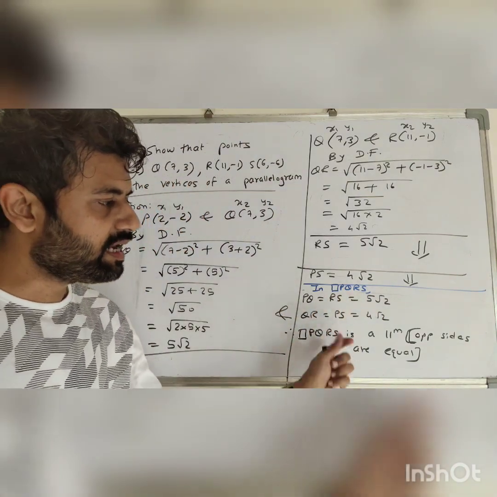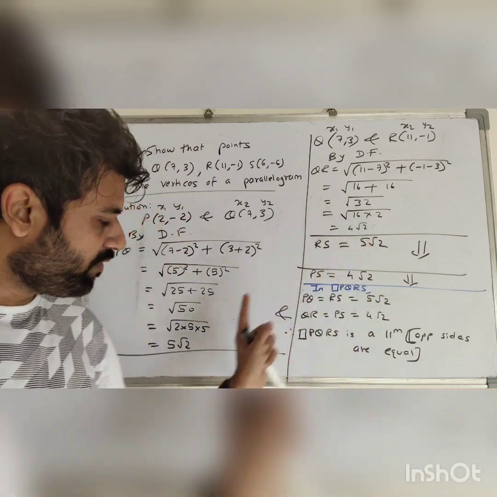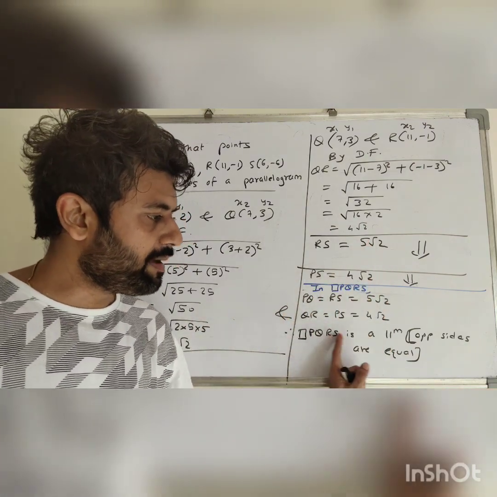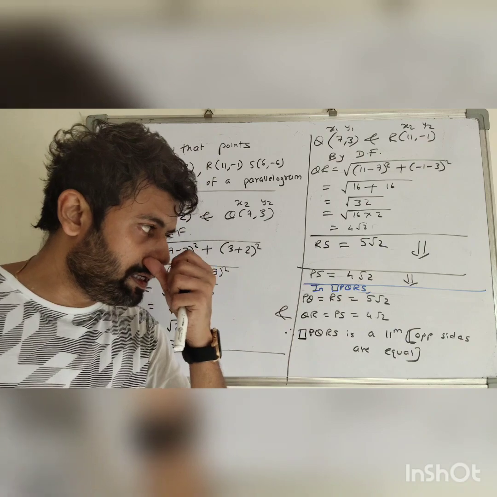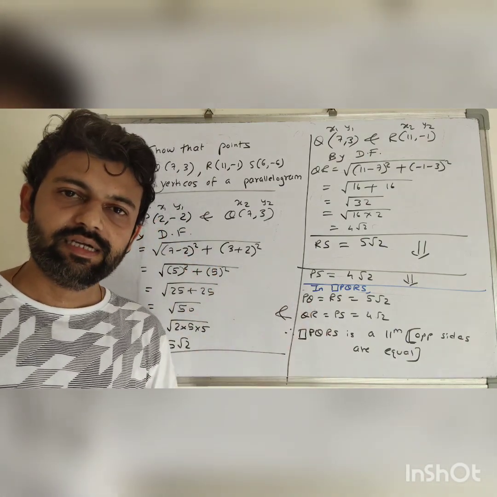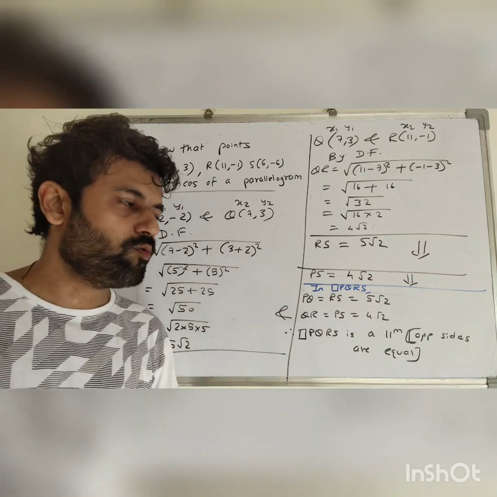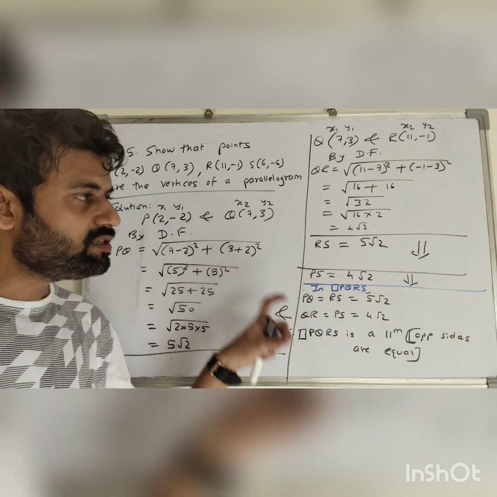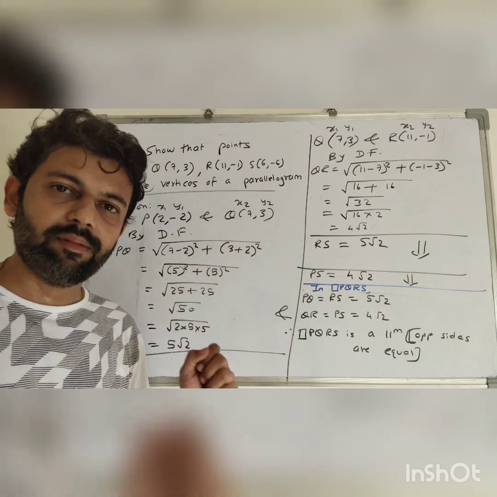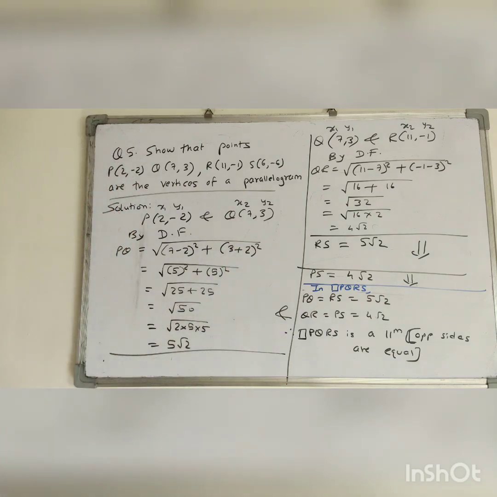The distances are equal. The reason does not need to be written, numbers do not need to be written, because 5 root 2 is in both places, it is equal. It is a parallelogram because opposite sides are equal. So we have solved this sum without numbering it. If you want, you can definitely use numbers and equate or do whatever you want. I have solved the sum without using numbers. Remember, we will do the same way for the next sum also. Please check this.